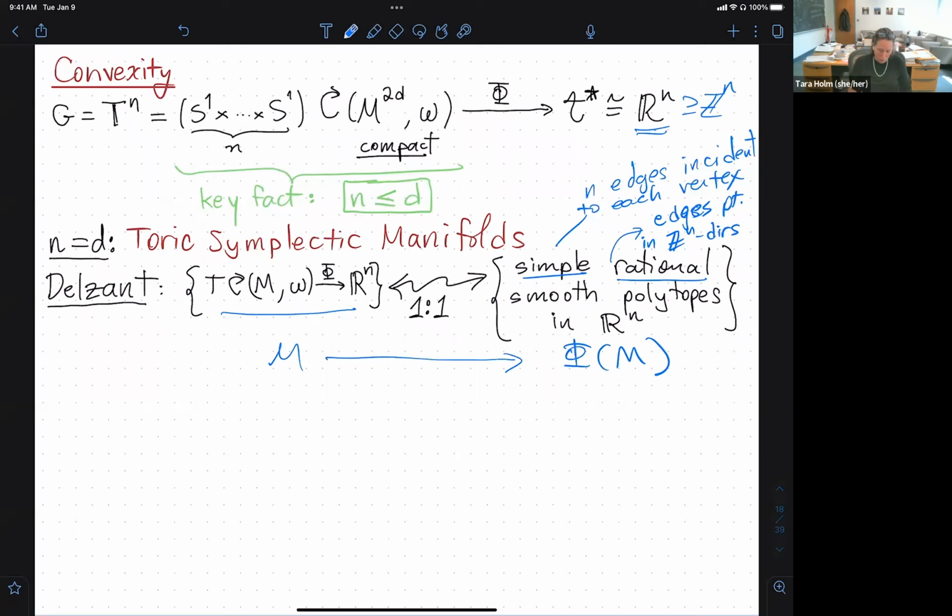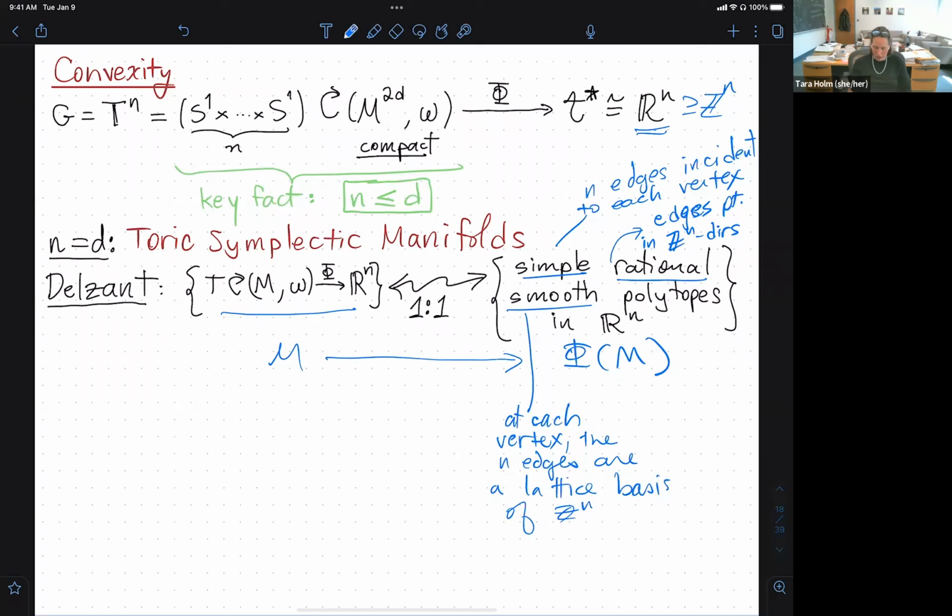It is smooth, so that means the n edges at any particular vertex form a lattice basis of the lattice. Those are the three requirements on a polytope in R^n.